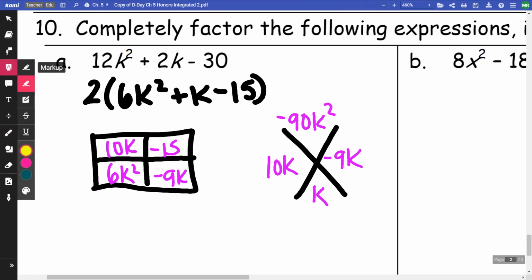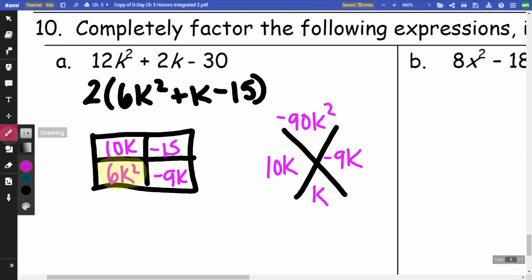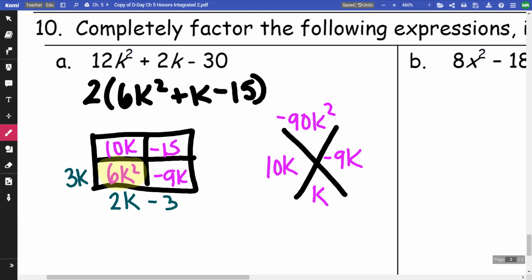And the first thing I'm going to worry about is getting that 6k squared. And that could either be a 6k and a k or a 3k and a 2k. Since 6 isn't going to 10 or 9, it is going to be a 2k helping get the 10 and a 3k helping get the 9. Minus 3 here, plus 5 here.